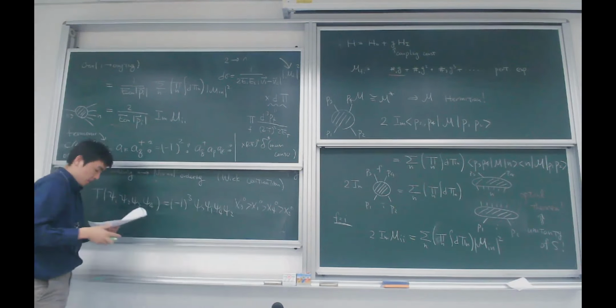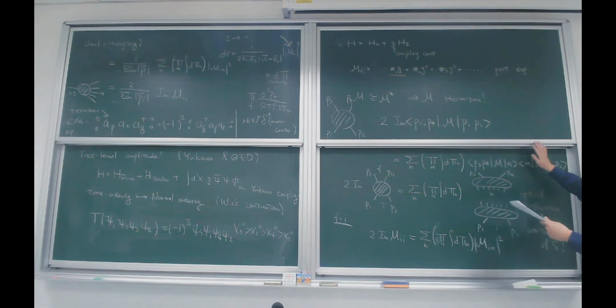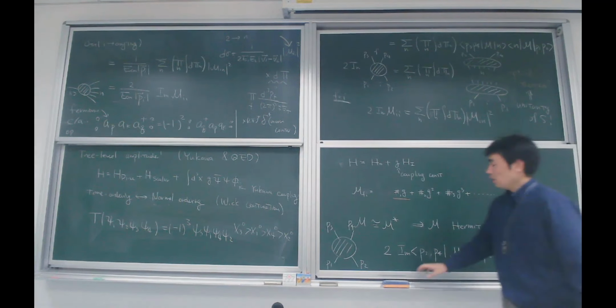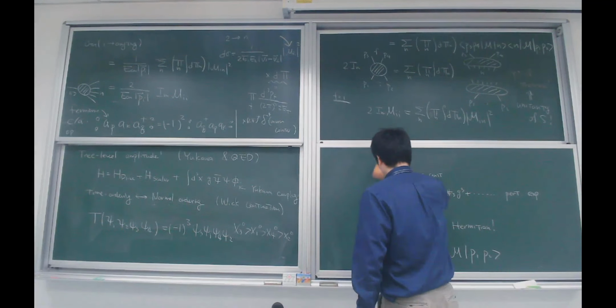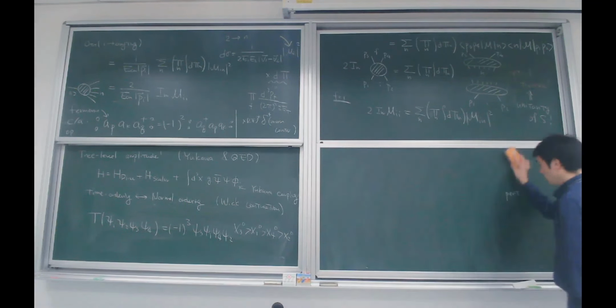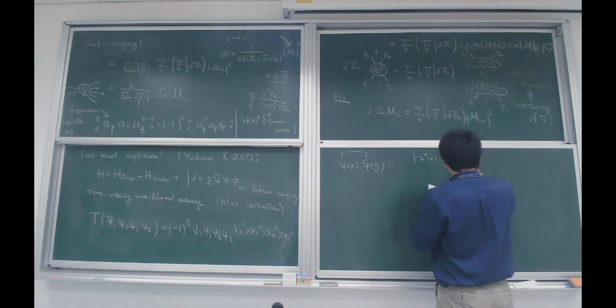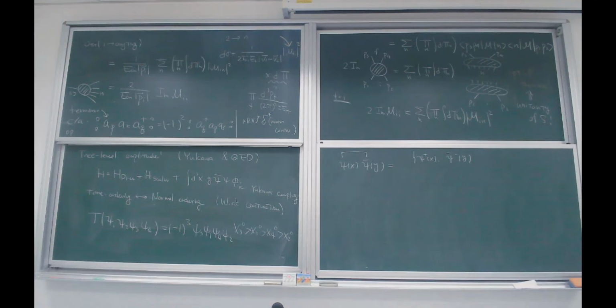In particular, we already learned that if you take the Wick contraction like this way, it will give you the Feynman propagator of psi plus of x and psi bar minus of y, for x^0 greater than y^0.